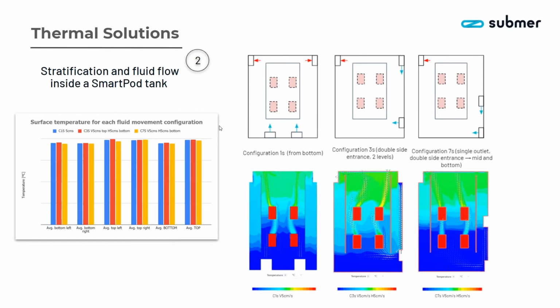We wanted to check how it affected the overall temperatures in these heating devices. And we grabbed some numbers here in order to say, okay, this solution might be better.